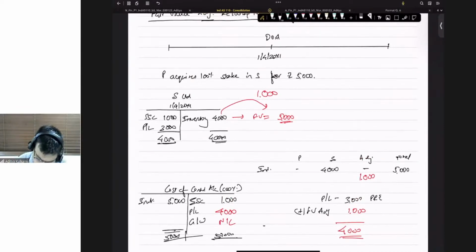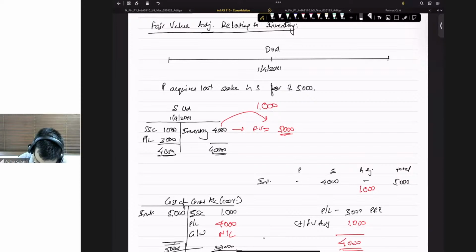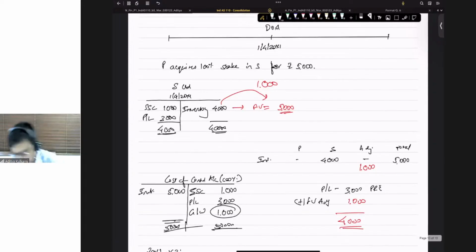See, same concept like how we had for property, plant and equipment. See, earlier P&L was 3,000, so your goodwill was coming at 1,000. So this was your position.